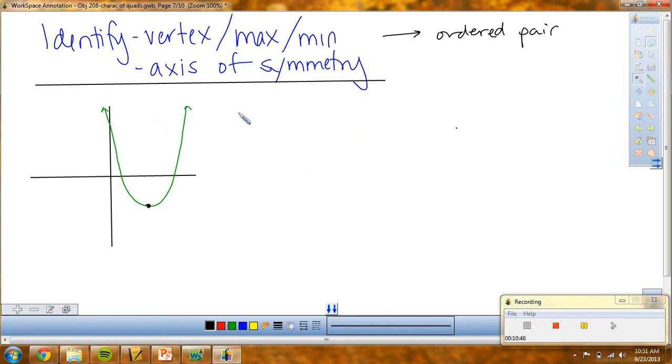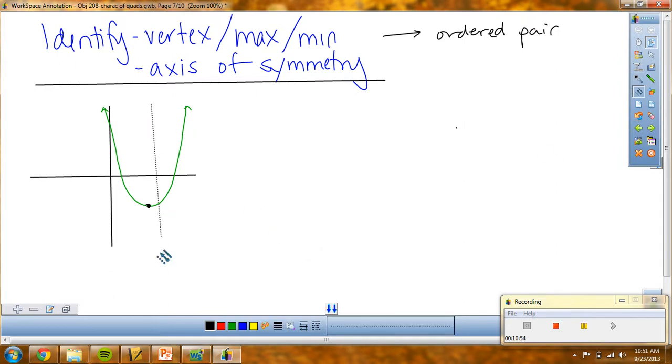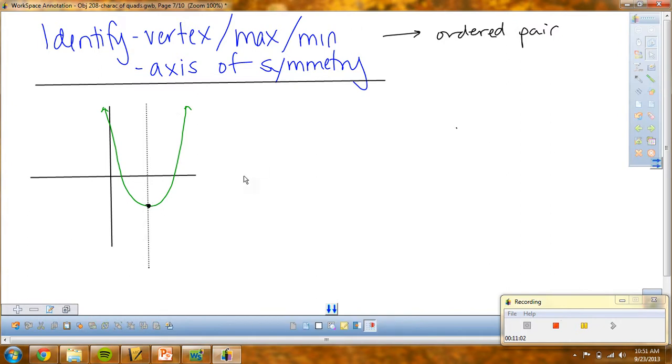Our axis of symmetry is going to be a line, and if we draw it in here, we can have our axis of symmetry, a little crooked. There we go.